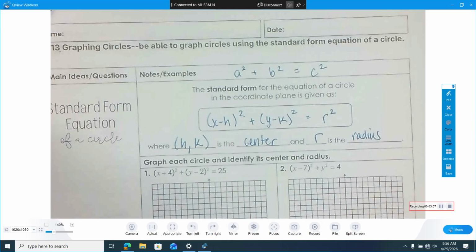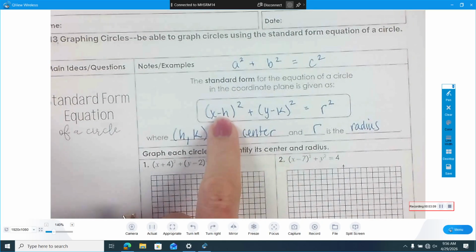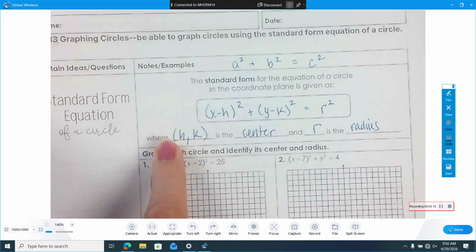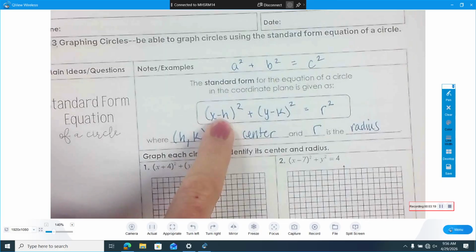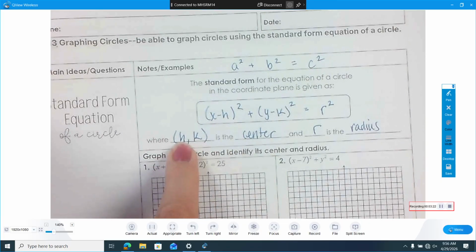You'll notice in the formula there is a subtraction sign. You'll notice that our center is the opposite. What looks to be a negative h there is positive h for the center.